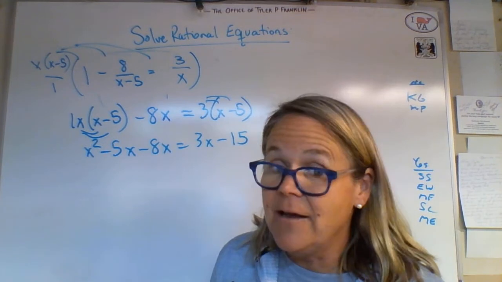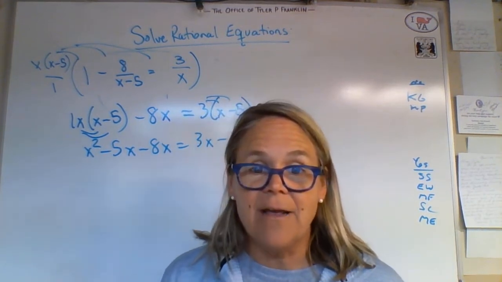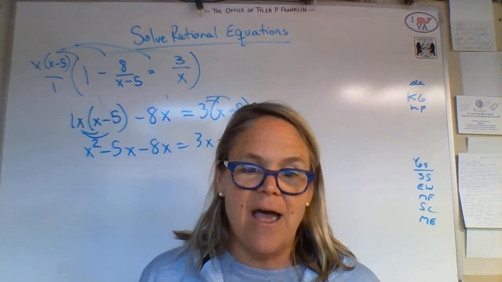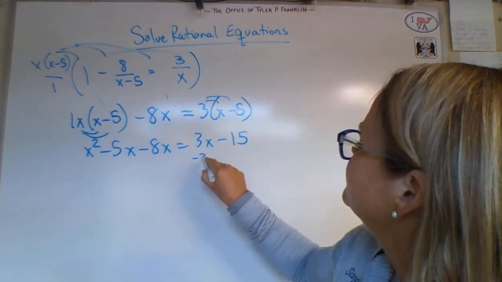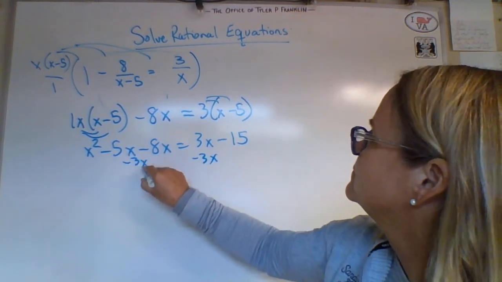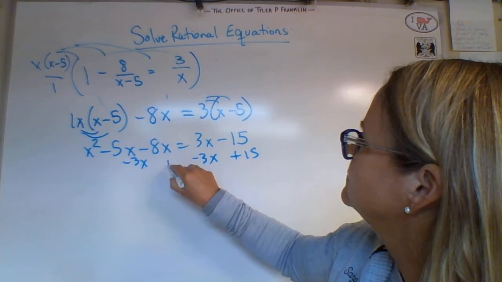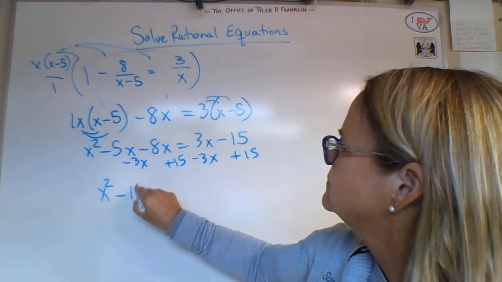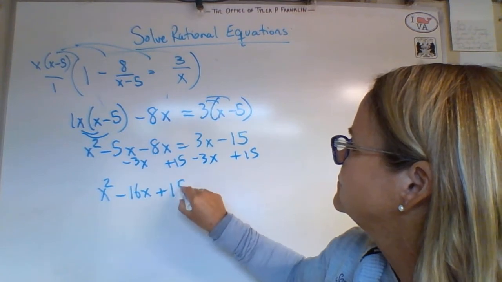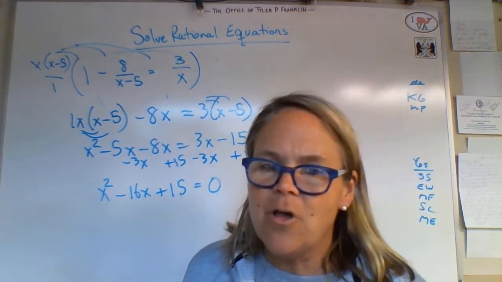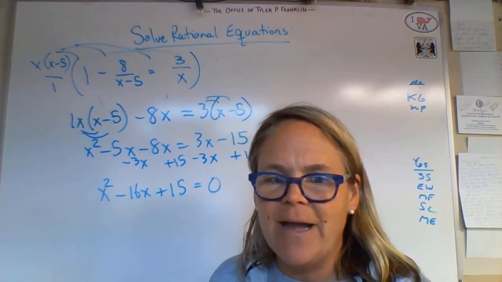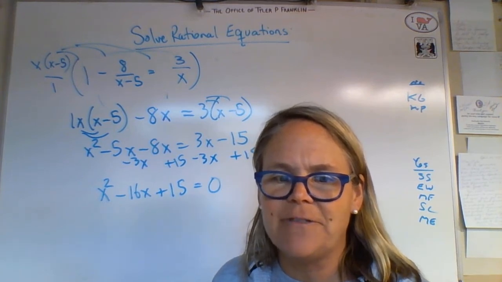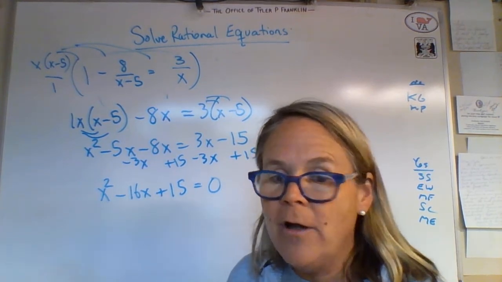Since it's got an x squared, we have a quadratic. Bring everything to one side, factor. So I put all those x's together. I have minus 16x plus 15. 15 and 1.